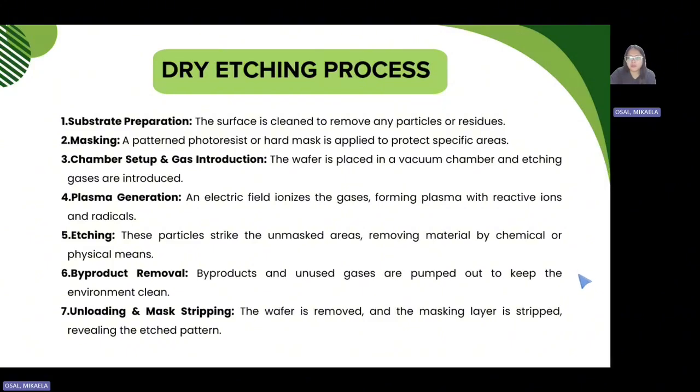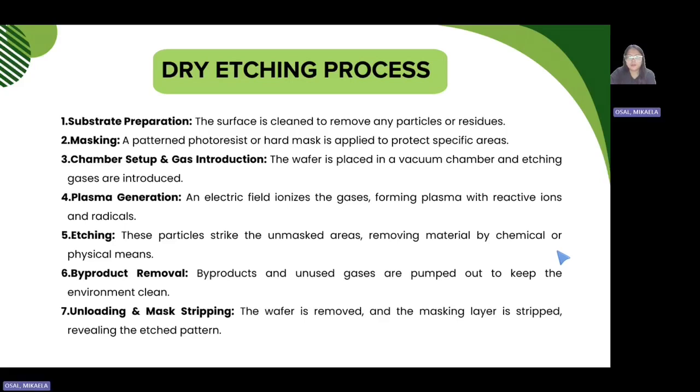This plasma is made up of reactive ions and radicals that are essential for the etching process. Fifth is etching. The plasma's reactive ions and radicals then strike the unmasked areas of the wafer. This interaction removes material from the exposed regions through both chemical and physical means, creating the desired pattern.